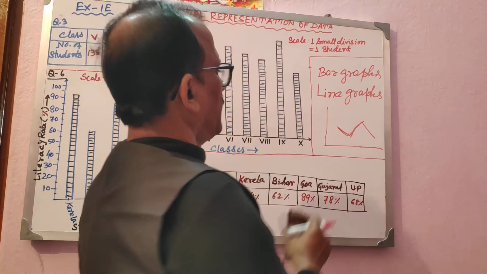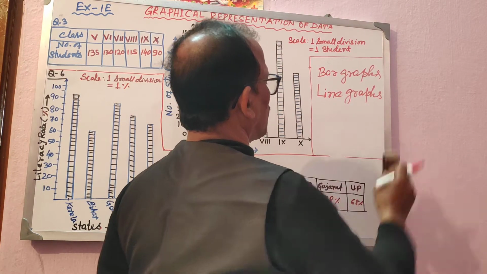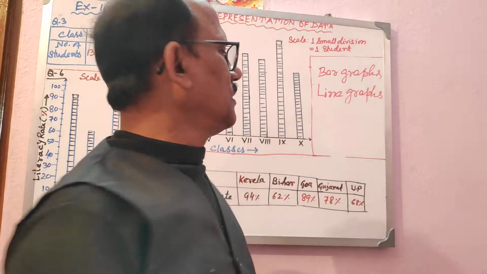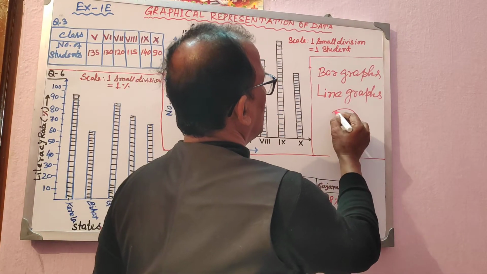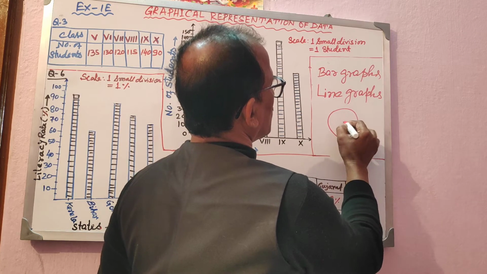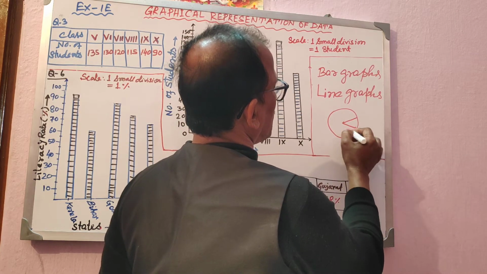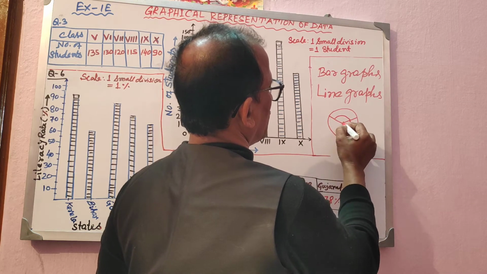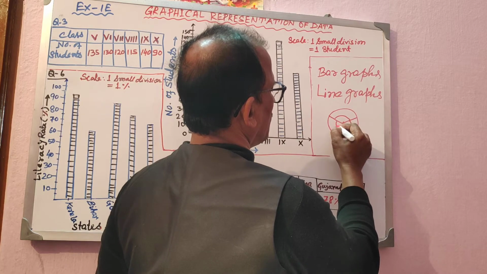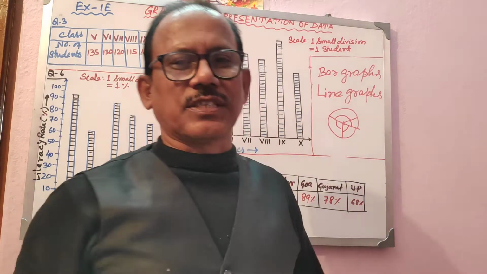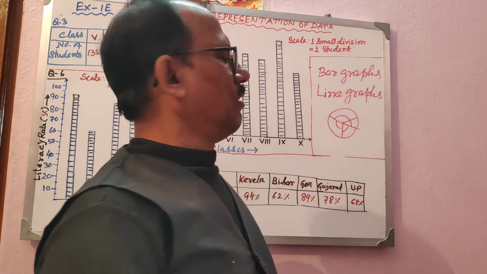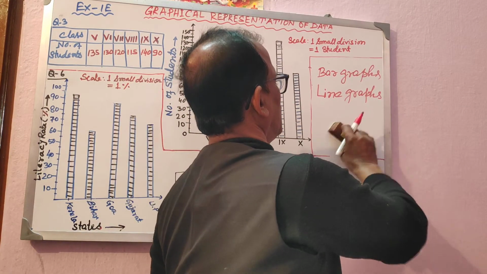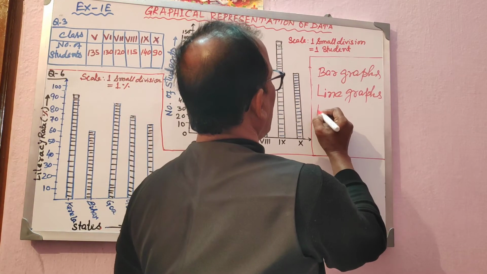So that will be a line graph. And then you can represent observations through a circular region, sector-wise. Every circle has some sectors. Each particular sector of the circle will represent something and give some information. That graphical representation is called a pie chart or pie graph.